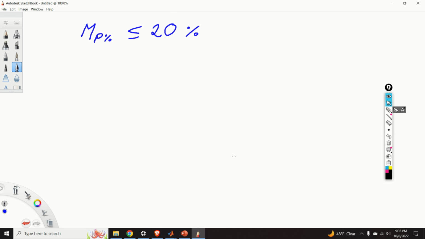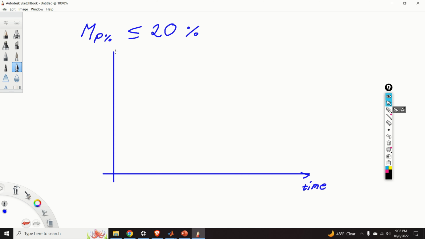So let us illustrate this design specification graphically. This is our time axis, and this is our response, y of t. Your step response, in ideal case, should look like this.